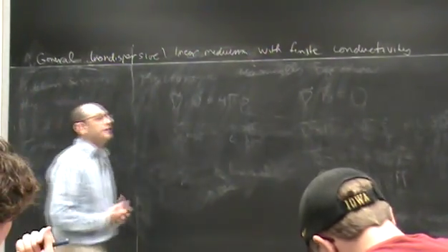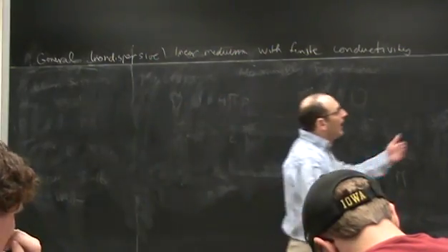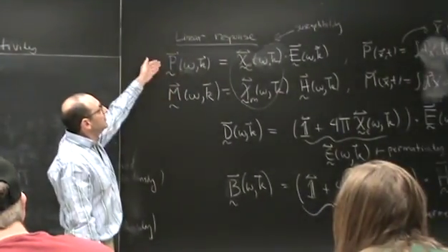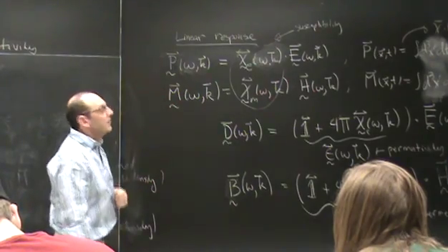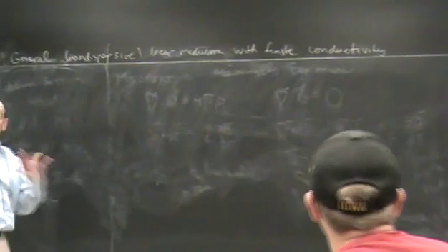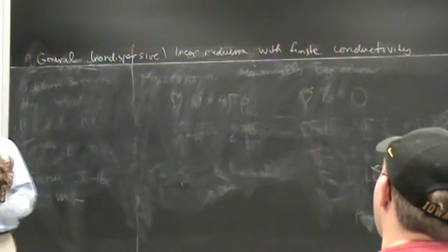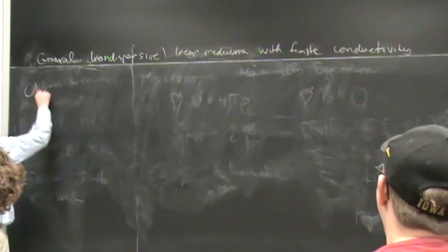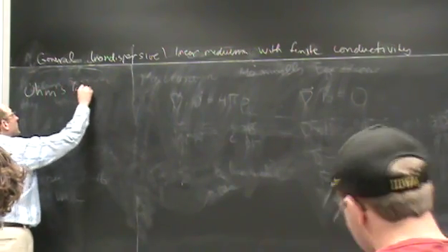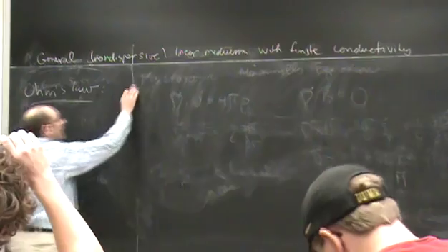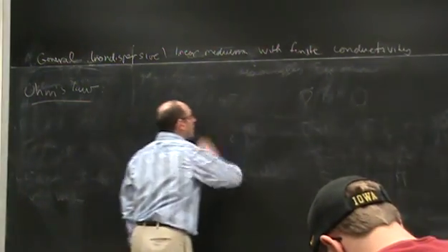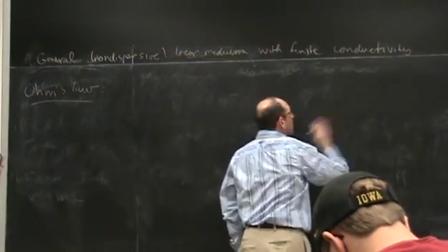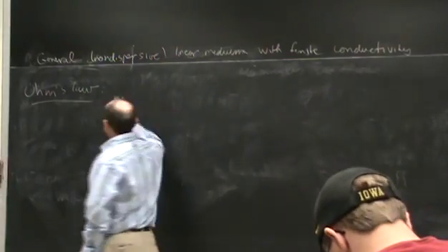What that means is that we have an additional kind of constitutive relation that's analogous to these relations, which says if I have an applied electric field, then I'm going to get a current, according to Ohm's law. You remember that Ohm's law that we talked about some number of lectures ago can be written as a relationship between the current density and the local electric field.